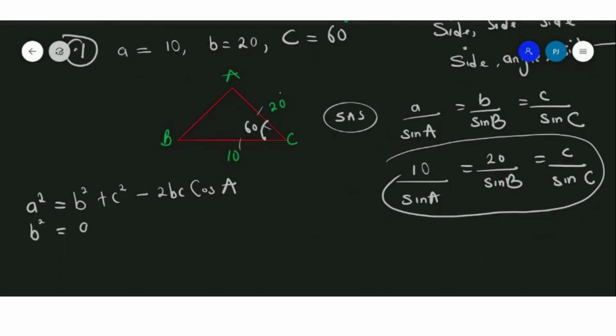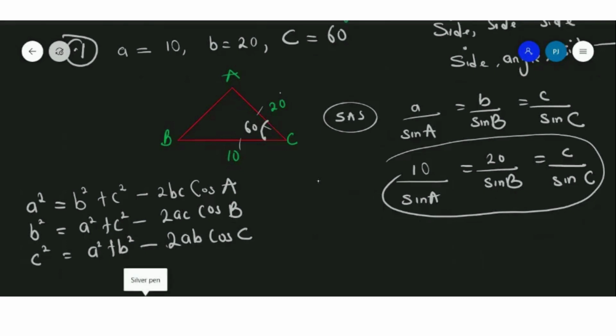It's going to be a squared plus c squared minus 2ac cos B. For c squared, it will be a squared plus b squared minus 2ab cos C. So these are the three formulas that you can actually apply at any point in time.